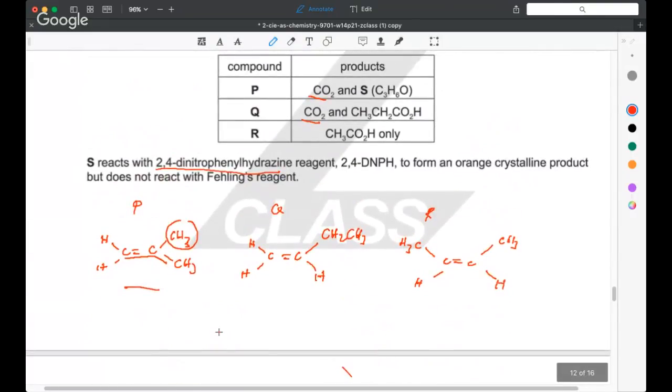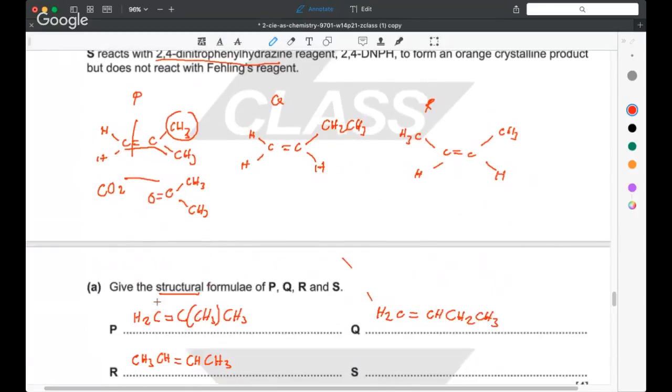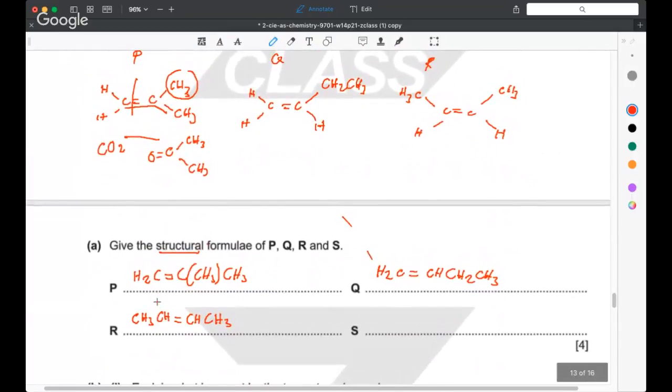Now, where was P? When that reacts with this hot concentrated manganate 7, we're getting CO2, and the other carbonyl it's forming is propanone, isn't it? And so to give the structural formula for that, you've got two methyl groups, and you've got carbon joined to the oxygen for the carbonyl group.